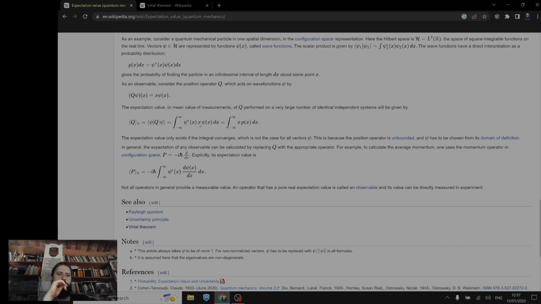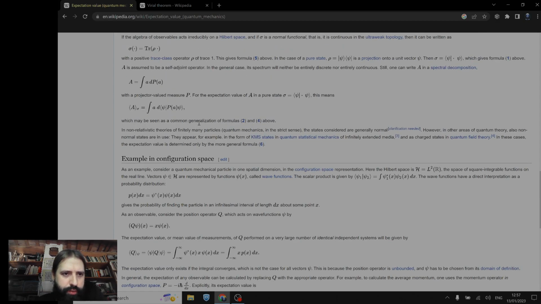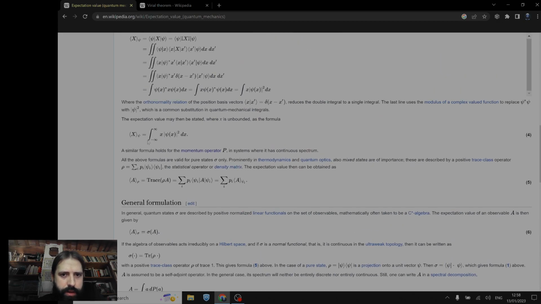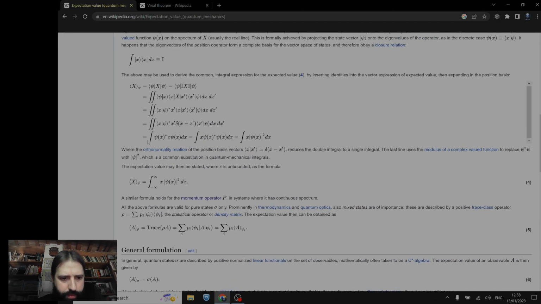Shouldn't these really be... Oh no, these should be the eigenvalues. That's true. These are the eigenvalues. It's not the operator. These are the eigenvalues, correct?